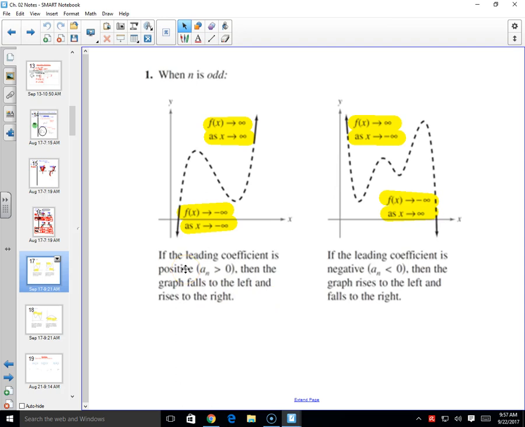Try to think in the publisher's mind for a second. If all they have said is n is odd, leading coefficient is positive, why is that dotted? It doesn't matter what's going on. It could be one of these, it could be one of these, it could be one of these. As long as n is odd and the leading coefficient is positive.